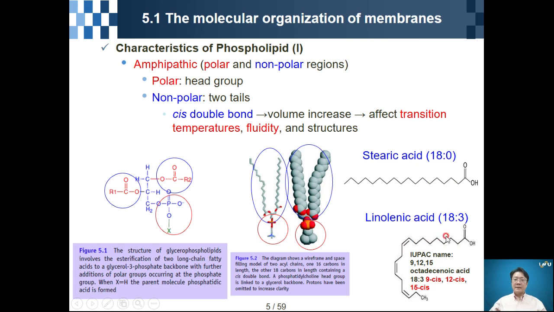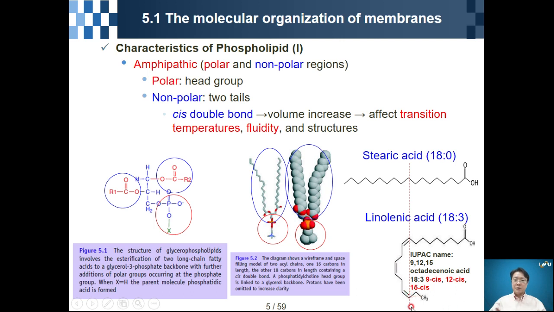However, until the 9th carbon, their structure is exactly the same. However, linolenic acid has a cis double bond at the 9th carbon, also a cis double bond at the 12th carbon, and at the 15th carbon, it finally has the cis double bond.